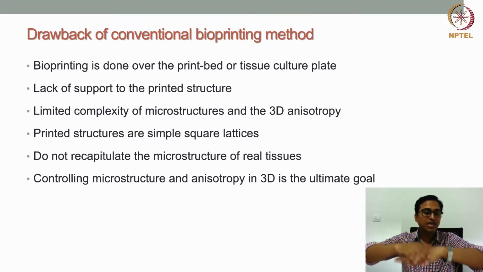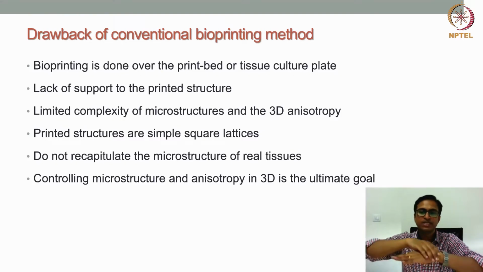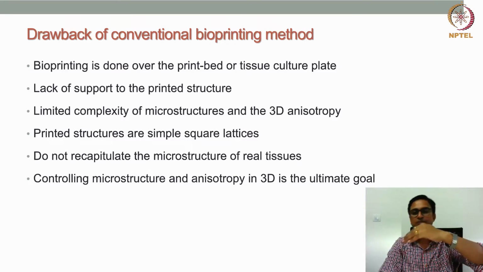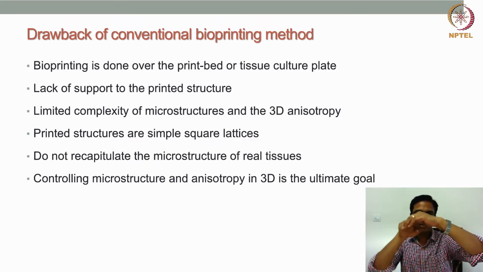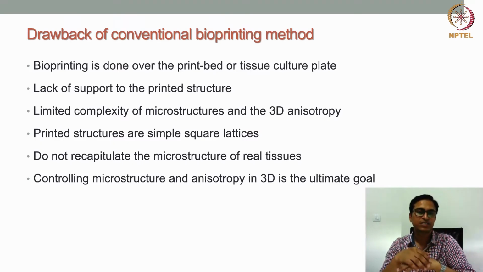Okay, so unless we provide any support, we cannot print any structure that is a non-planar structure, or that has some, suppose a pyramid like structure where this part will be hanging. So this part, unless we provide some support to this hanging geometry, we cannot print a structure that has complex geometry, that has non-planar surface, right? So that is one of the main drawbacks of this conventional bioprinting method.